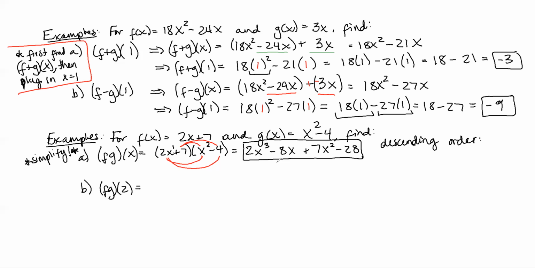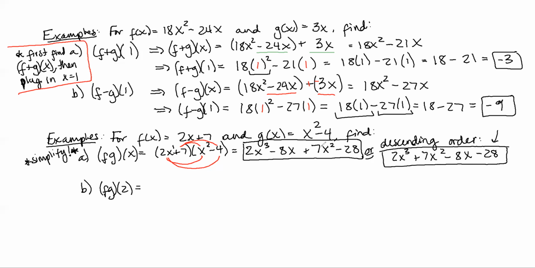So 2x cubed goes first because x cubed is the highest exponent. Then the 7x squared. Then the 8x, so minus 8x. And then the constant without the x at the end. So again, if it specifies descending order, use the second one. If not, this first one is actually perfectly fine. It's just not our standard form.